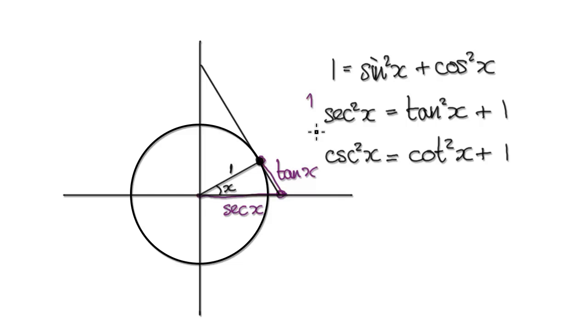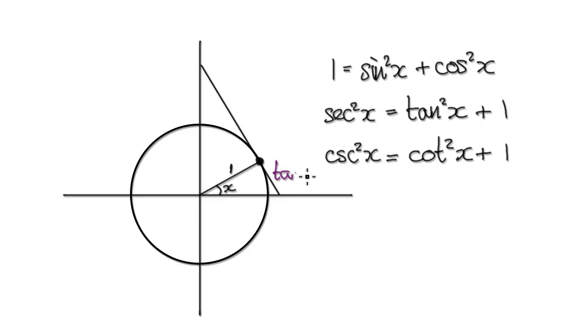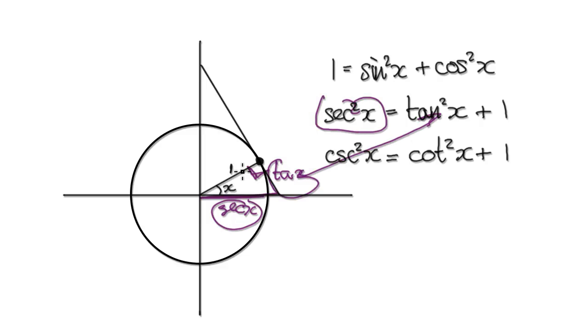So, for you to memorize this, if you look at this triangle here, this must be the longest length, so this is the hypotenuse. So it will be hypotenuse squared equals tan squared and then 1 squared. So picture this in your mind. This is tan of x, this is secant of x, and this is the longest length because the right angle is here. So the longest length squared would be this, and then tan, and then 1 is this.